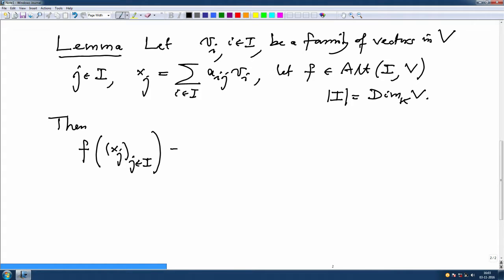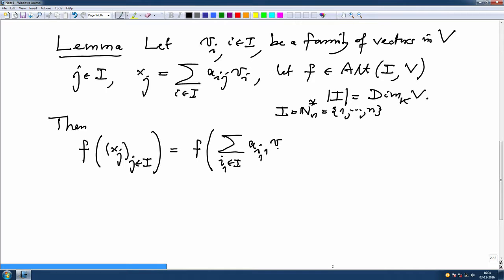So, this is equal to F of, for simplicity, I will write the set I equal to n star, which is 1 to n, and x1 is a combination. In this sum i is varying, so I will call it i1 in I. So, it is a i1 1 V i1.